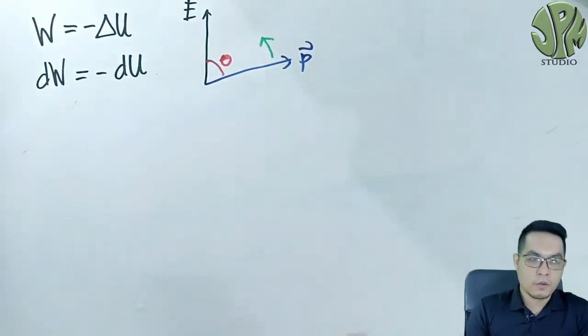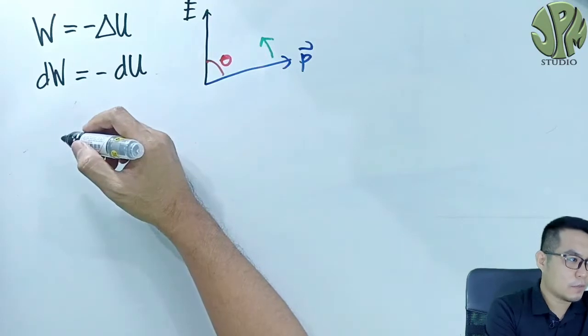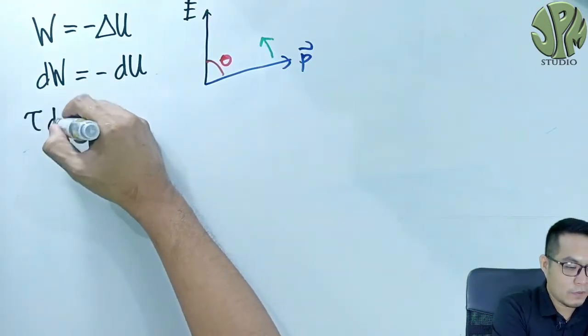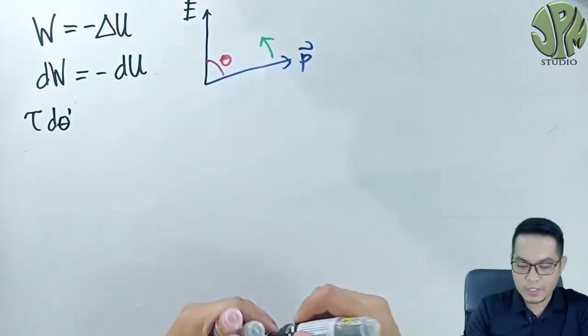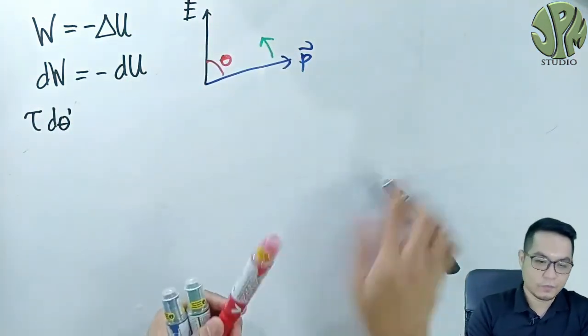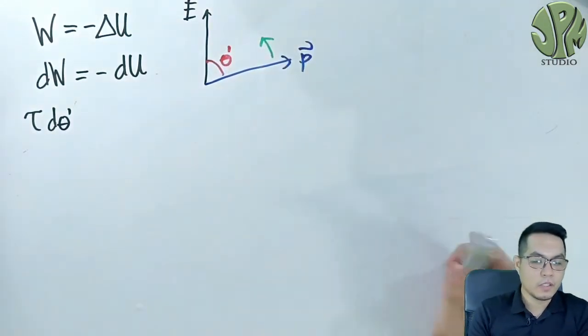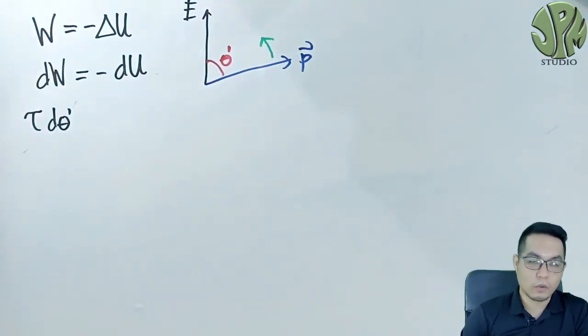Okay, so work in terms of torque is just the torque times the differential angle, theta prime. I will just name this theta prime so that we will not be confused later. So that is the work done by a torque. It's the torque times the differential angle.